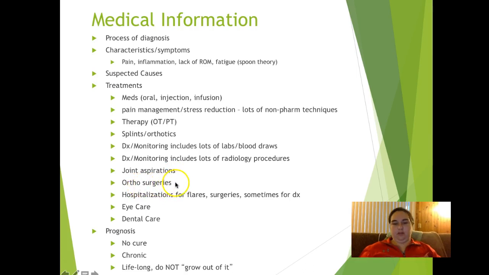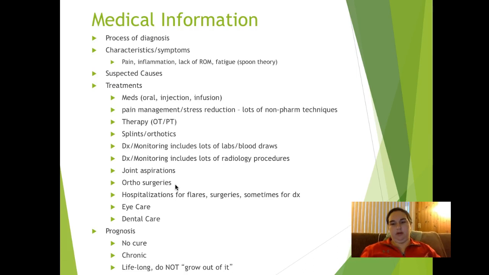You might see these kids in the hospital for ortho surgeries. Again, that's less and less in childhood because our meds are getting better and better. So now the ortho surgeries are happening more in adulthood for these kids. But you'll still see some kids with severe arthritis that are getting not just joint replacements, but other ortho surgeries to help with joint deformity, sometimes fusions or changing around tendons.